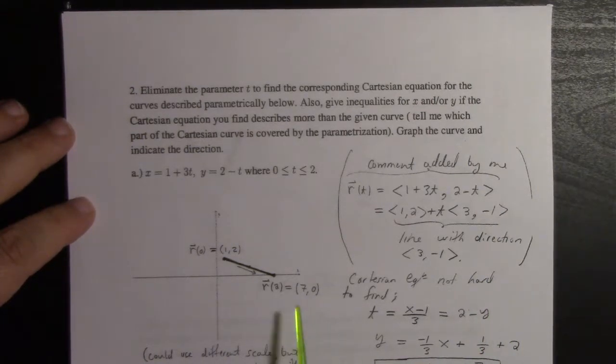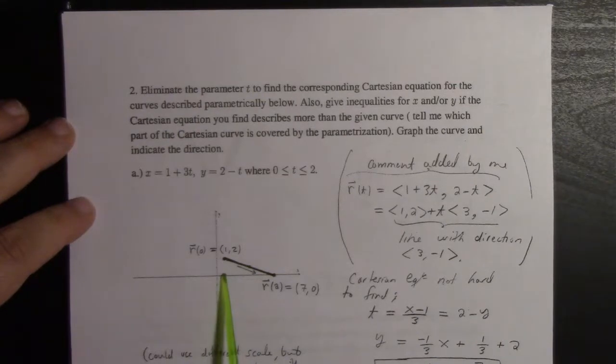Anyway, however you do it, you can then find the equation of a line connecting these 2 points using whatever you like in terms of how you think about lines. But I chose to eliminate time by solving for time, and that gave me (x minus 1) over 3 is equal to 2 minus y, which then I solve for y. And there you go, that's the equation of the line.